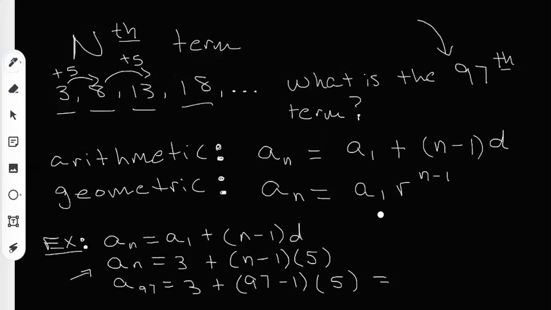So now I've got all numbers, and that means I can work it out. So the first thing I do is I do 97 minus 1. And what that's going to give me is what? 96, right? So I'm going to have 96 times 5 plus 3 at the very end.